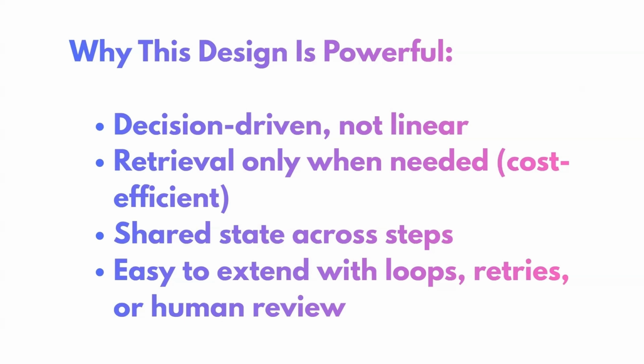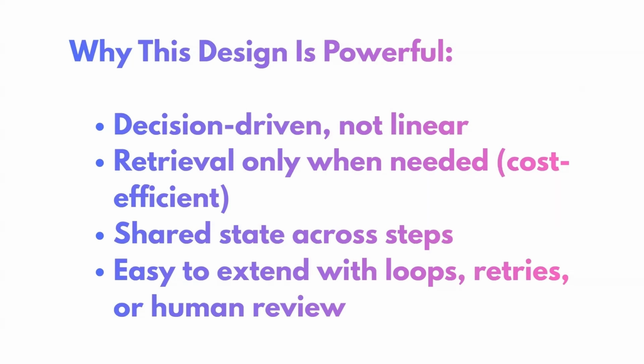The third point is shared data across steps. All the steps in the workflow share the same memory, which we call state. This means decisions, retrieved data, and intermediate results are always available everywhere, just like how humans remember context while thinking.